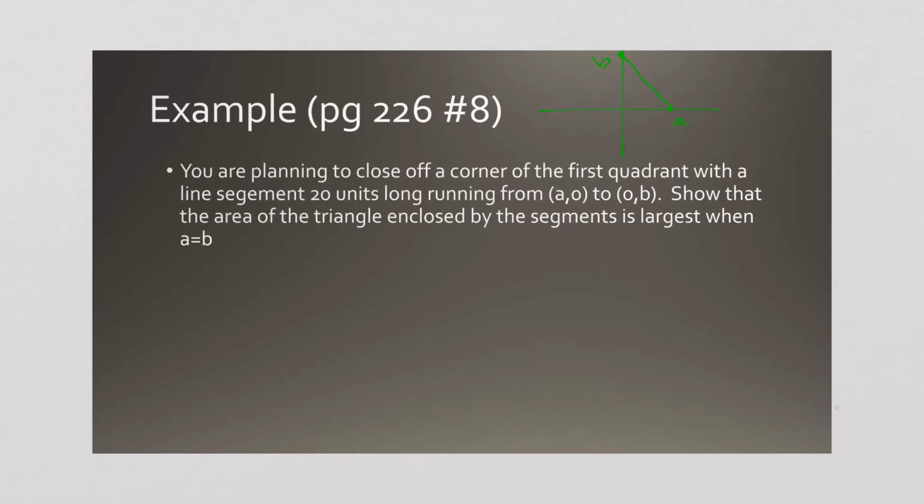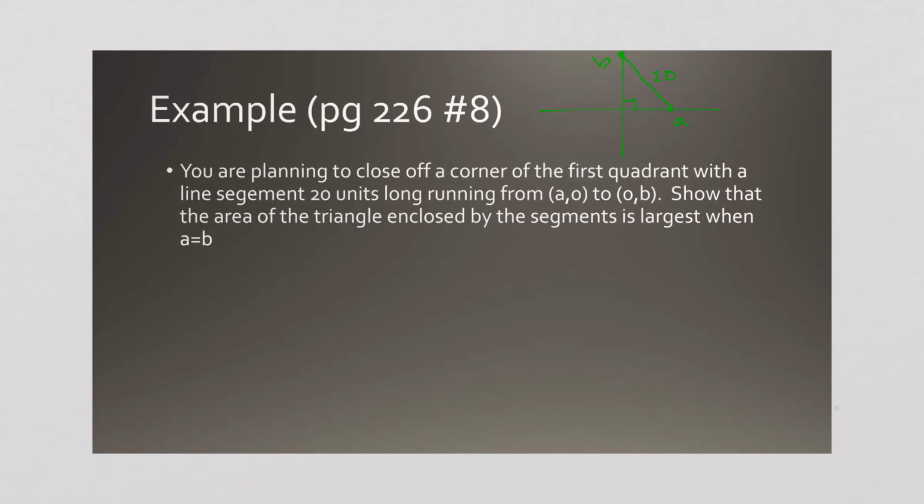Show that the area of the triangle enclosed by the segment is largest when a equals b. Now I know that my hypotenuse is 20. I also know that this is a right triangle because it's closing off a quadrant and my coordinate plane crosses at a 90-degree angle. I'm back to having two formulas that I can use because I have a right triangle.